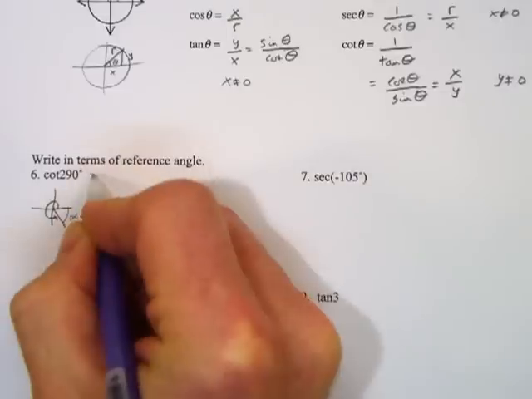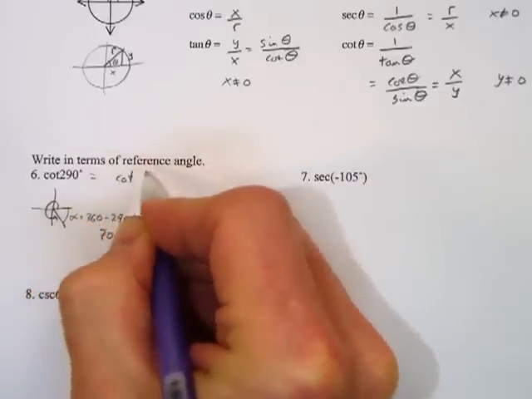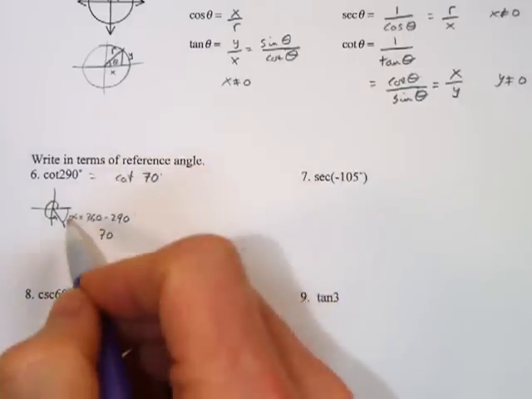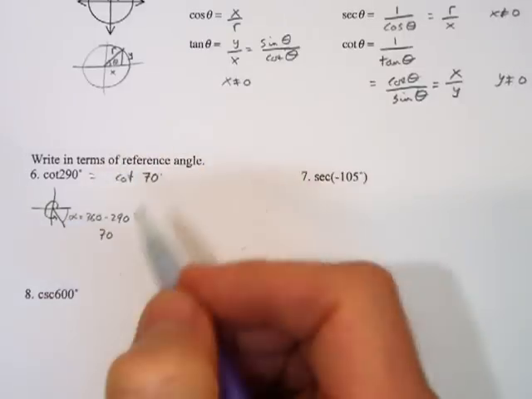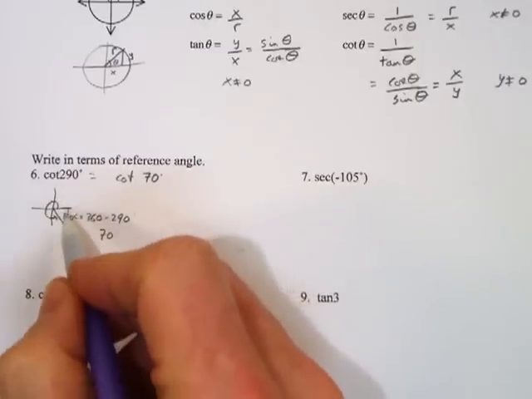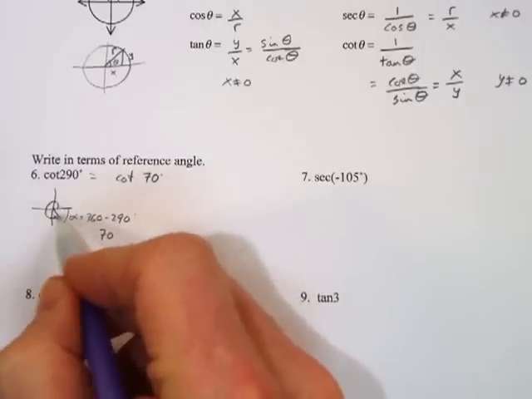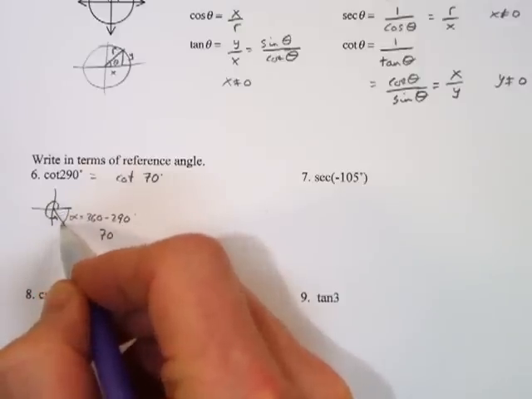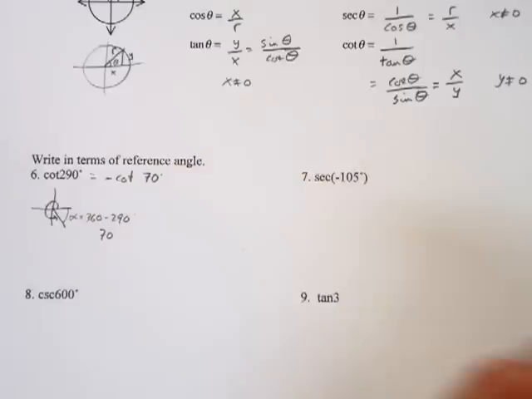So we'll write cotangent, just rewrite the trig function, 70 degrees. Now we look. In the fourth quadrant, what is cotangent? Well, cotangent is cosine over sine, or x over y. The cosine value, x, is positive, and the sine value, the y, is negative. So a positive divided by a negative is negative. So we'll just put negative here.